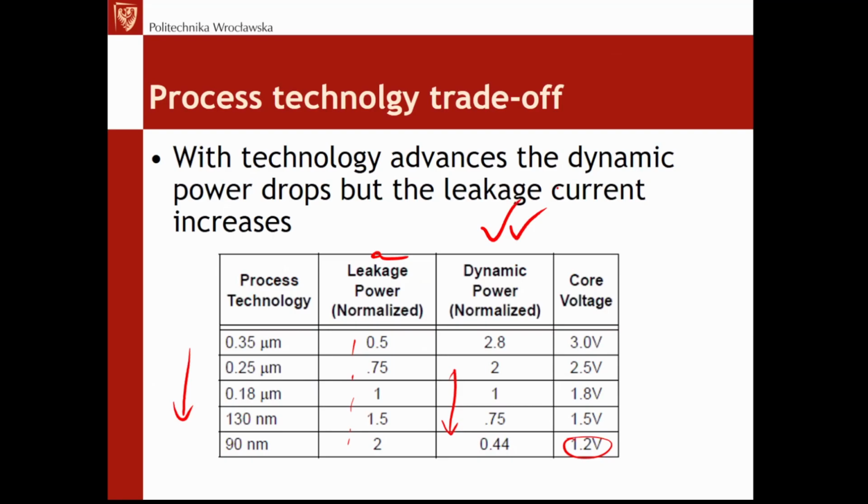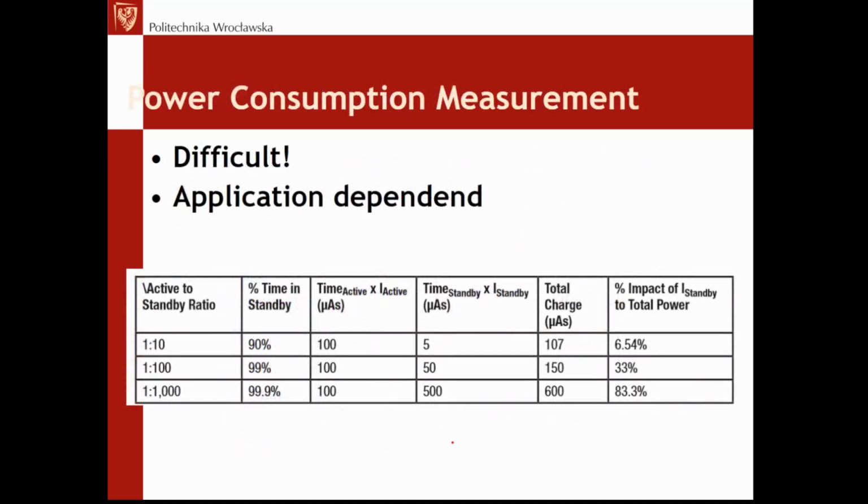So normally we like very much to have a newer, lower technology node, to have a reduced dynamic power part, even if this would cost us a few microamps or microwatts more on the static side.